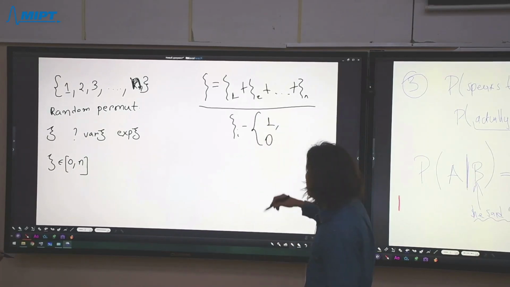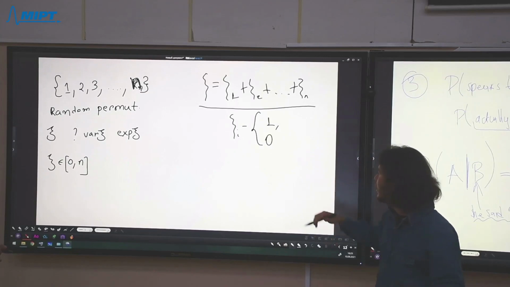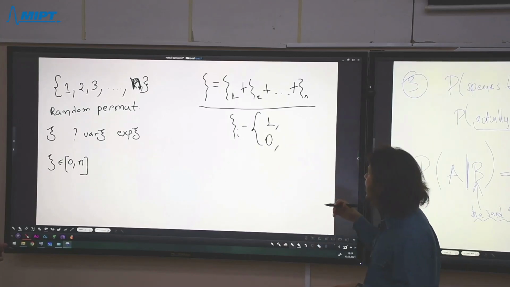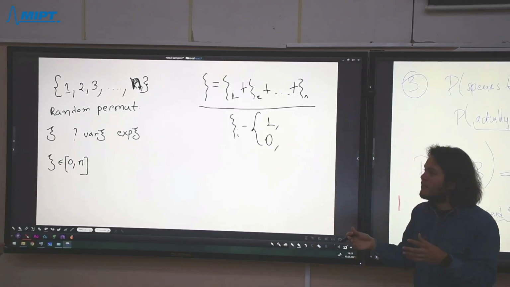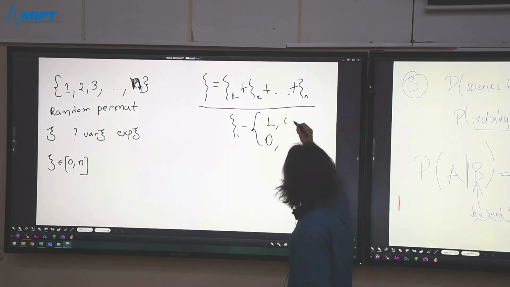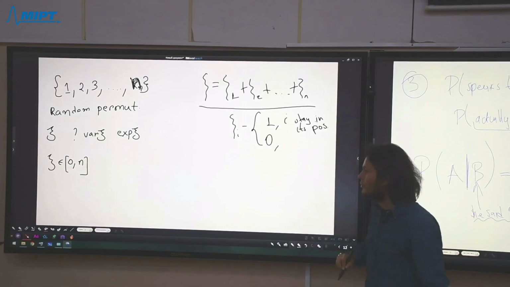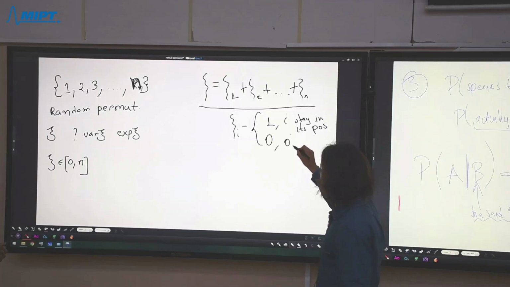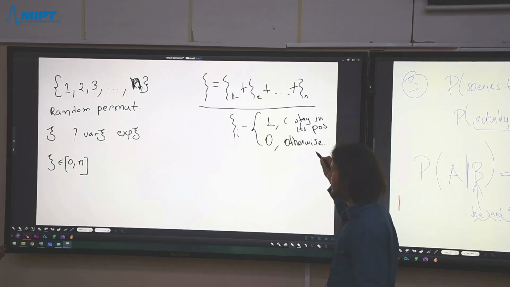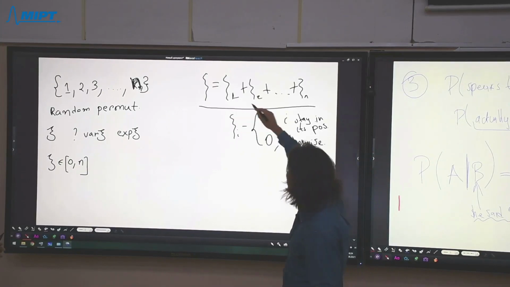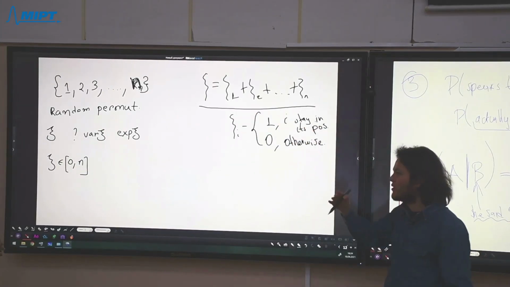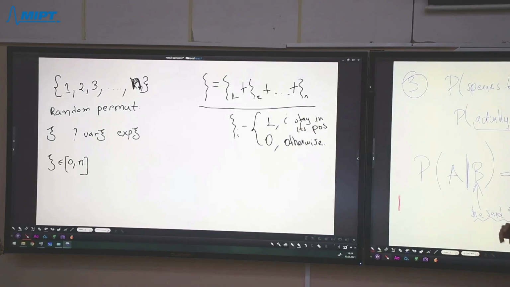So 1 with some given probability p, and 0 with probability 1 minus p, in which case it takes value 1 if i stays in its position, and 0 otherwise, right? Yes. So that is why this is the sum of ones and zeros. And finally, we get the number of elements which stay on their position.